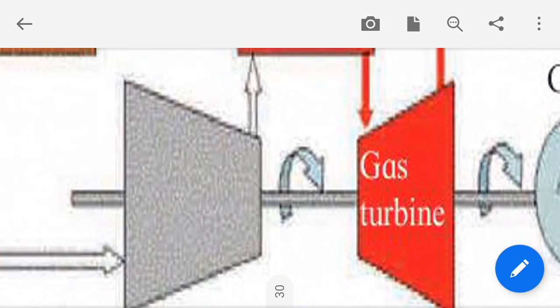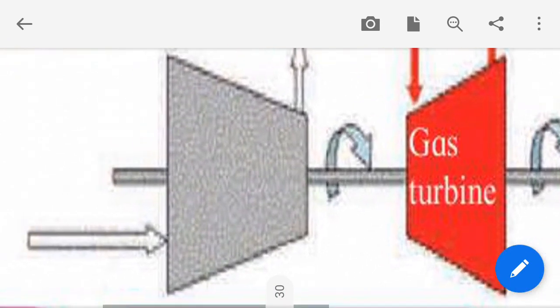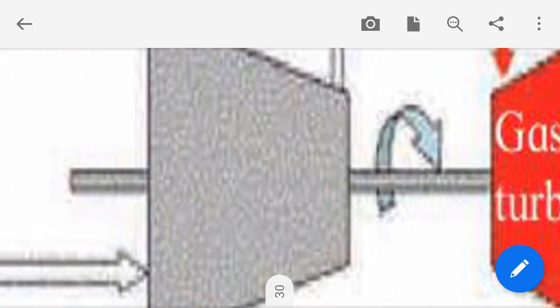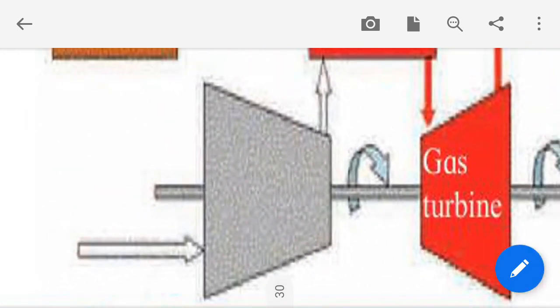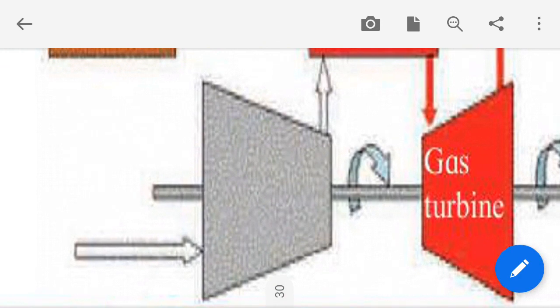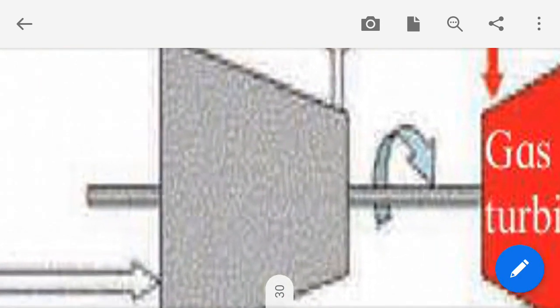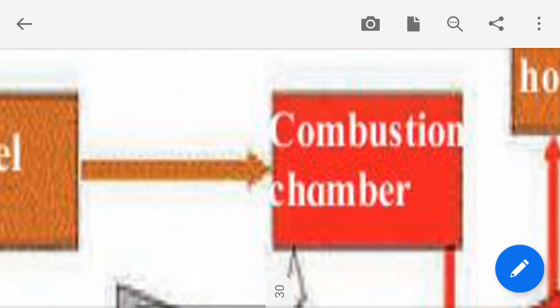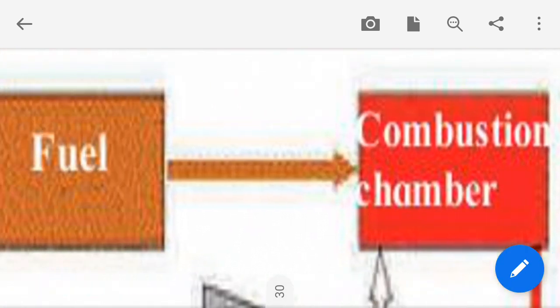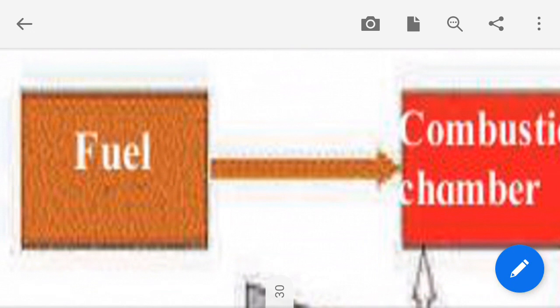Here this is the compressor. In the compressor we are taking outside air and compressing this air, and this compressed air is passed through the combustion chamber, and by using some fuel, fuel can be anything, you can use petrol, coal, or anything.